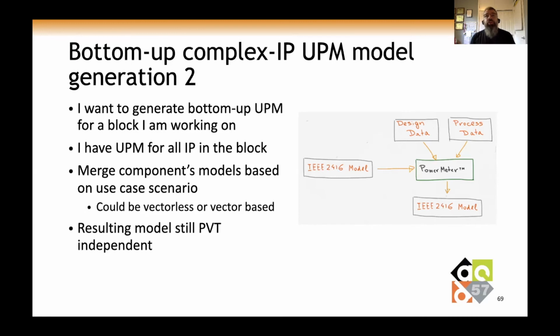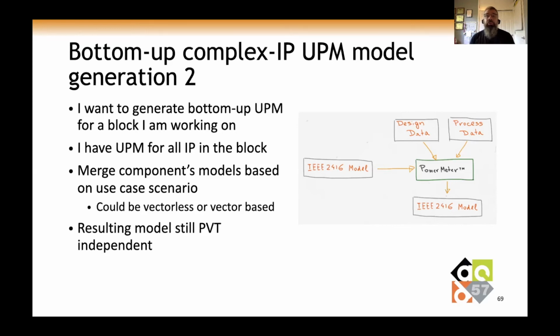Another way to generate bottom-up UPM power models is for complex blocks. In these blocks, I will have UPM for all of the IPs. I will have UPM for the standard cell, I will have UPM for memories, and for everything else. With those IP UPM models, I can generate a bottom-up UPM model for the entire block.